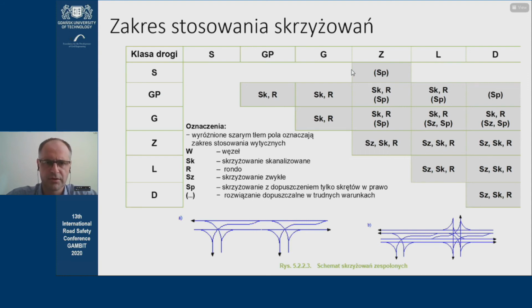So this proposal was made, for example, to introduce right turns only. A lot of times it's just to keep the costs down. So I won't go into the details too much. In the previous guidelines, we had what's called complex junctions with different entries.